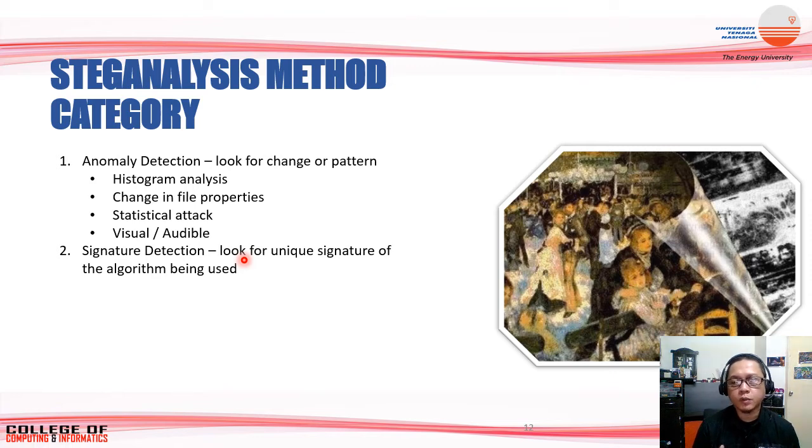So the next option that we have is to try to detect a signature of a certain steganography method being used on that stego object.